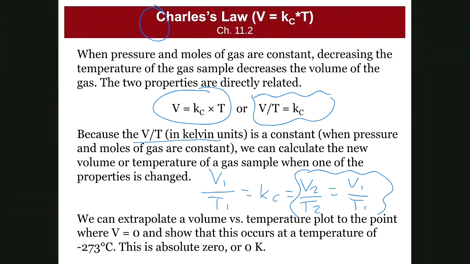And one last thing you guys can note is that this is the part that we took out of experiment 5, so you didn't have to do this. But if you extrapolate the volume versus temperature plot to the point where V equals 0, then because V is proportional to T, T also is going to equal 0, and that temperature is negative 273 degrees Celsius, otherwise known as 0 Kelvin.